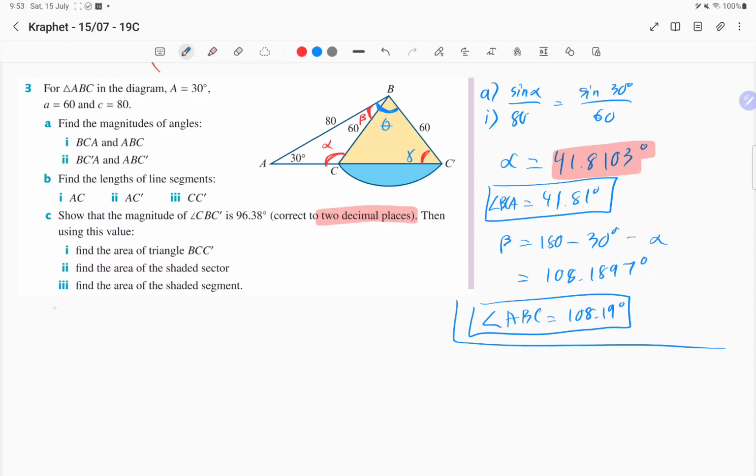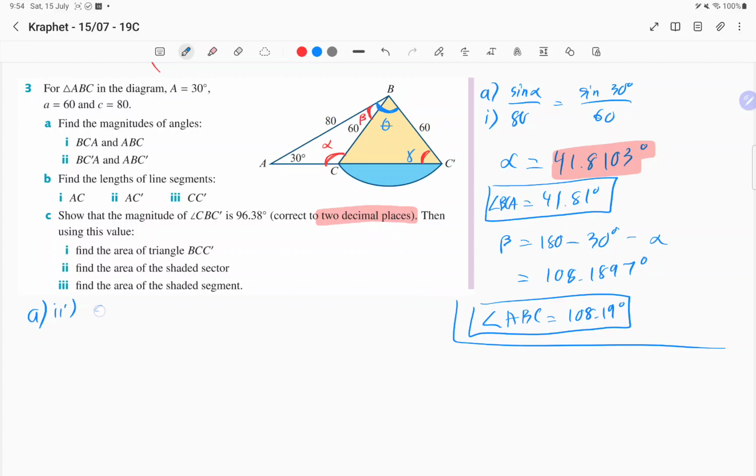Now continuing, we've got A2, BC dash A. How do we find it? What other information do we know? What triangle are we using here? Which is angle gamma, the big one. 30, 80 and 60, that's right.